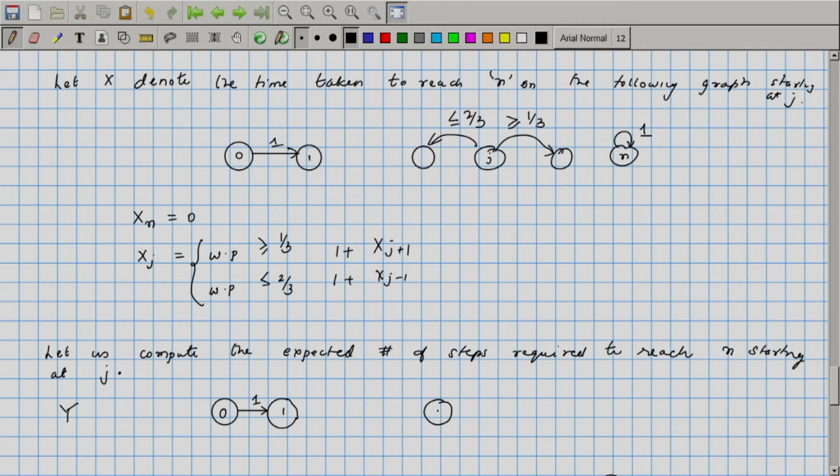So, if you are at some particular node j, you go forward with probability 1/3 and you go backward with probability 2/3. So, this is a different random process than the one we had discussed, because there we only knew that this probability is at least 1/3 and the reverse probability is at most 2/3.